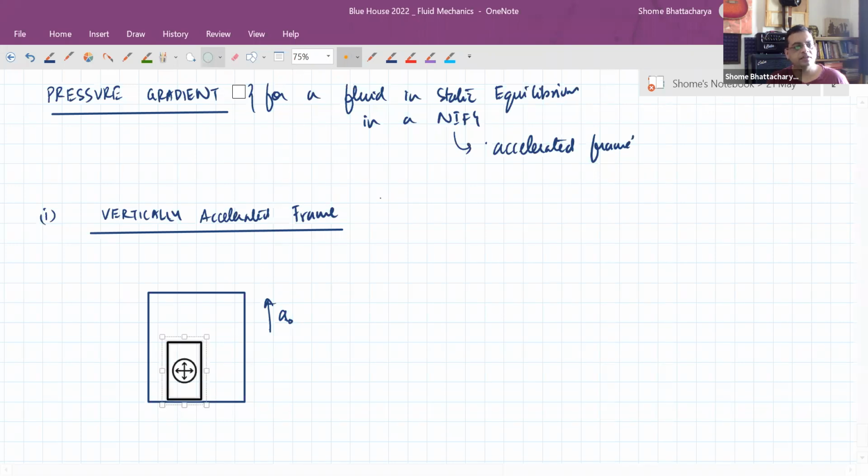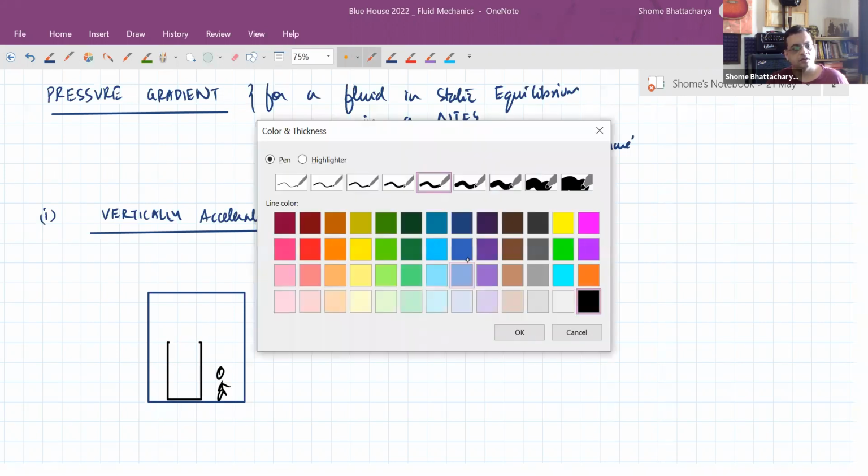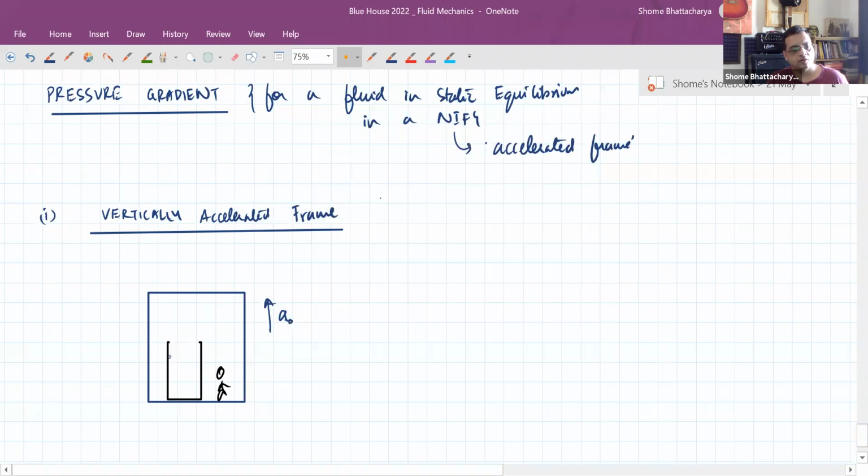So whether we analyze this from the ground frame point of view or more conveniently from the elevator's frame, if our observer is present here, there is some fluid. So for this observer, he becomes a non-inertial observer moving with a naught.